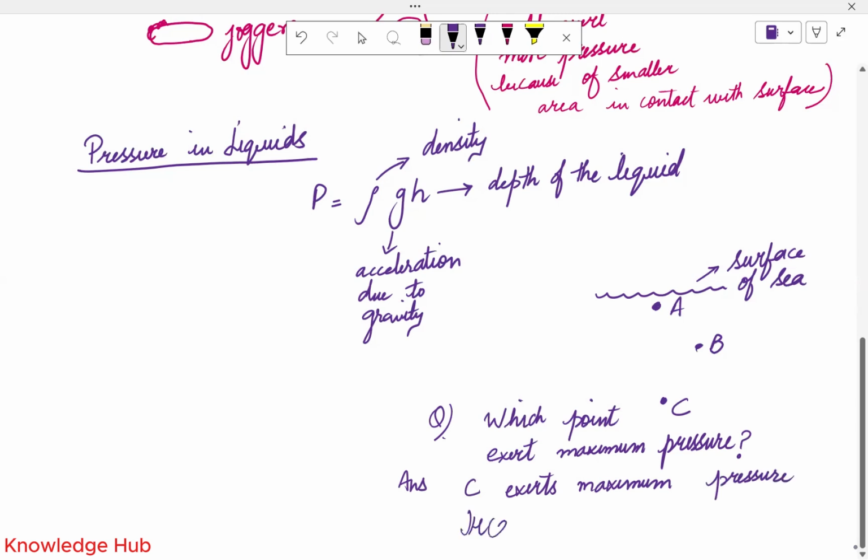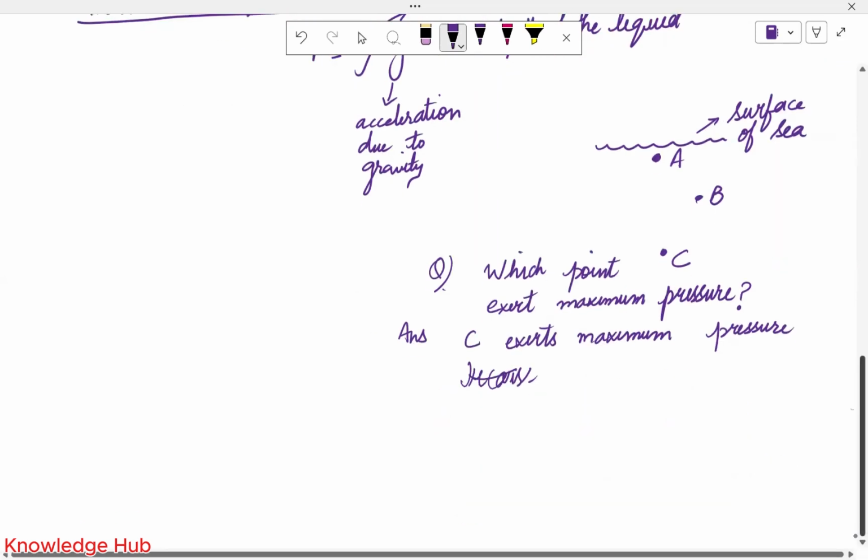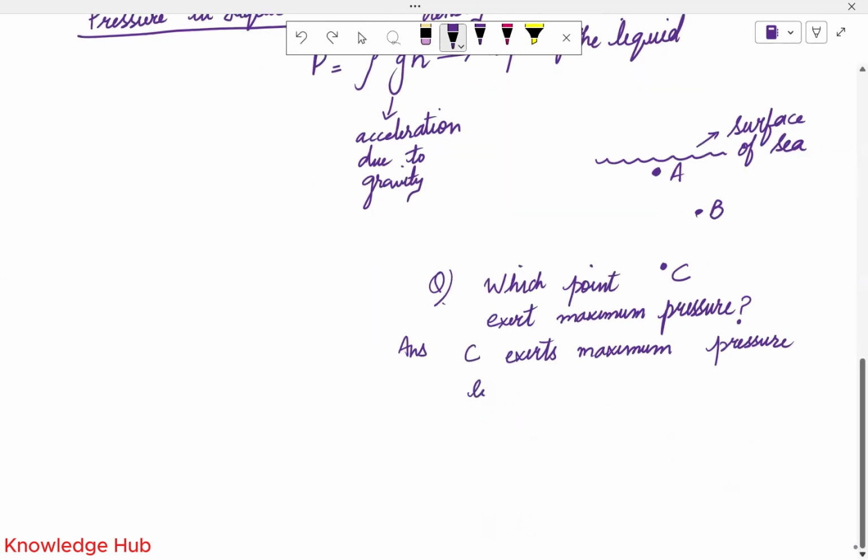The reason behind this is that it has maximum depth.